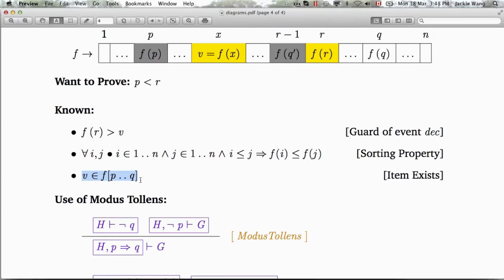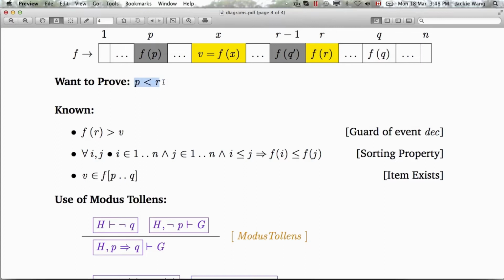If V cannot be to the right of R and index R is not the element that we are looking for, then V must be to the left of index R. So that's the conclusion we can make, and that's exactly the thing we want to prove.